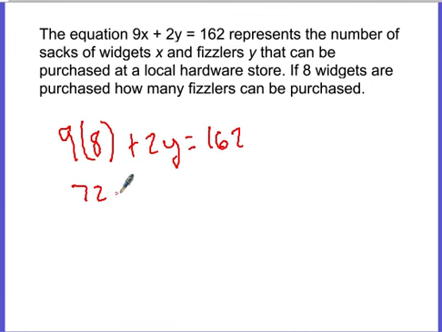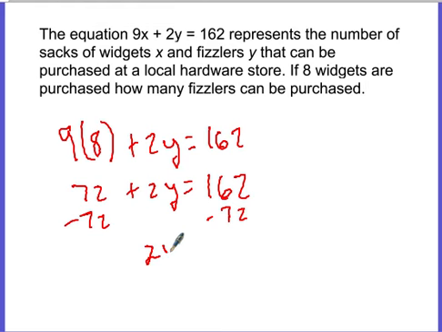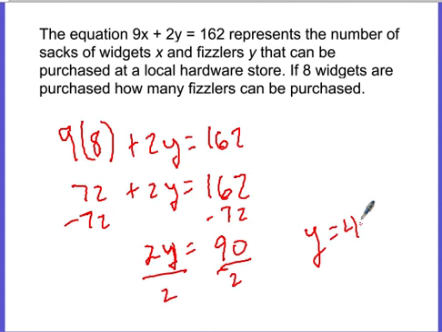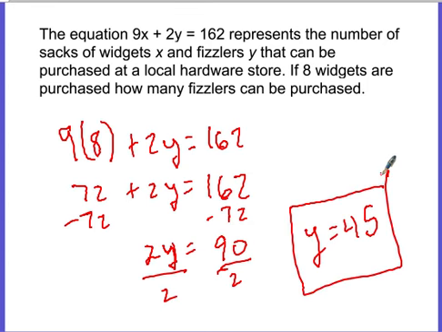That'd be 72 plus 2y equals 162. Subtract 72, so 2y equals 90. Y equals 45. So I need 45 fizzlers.